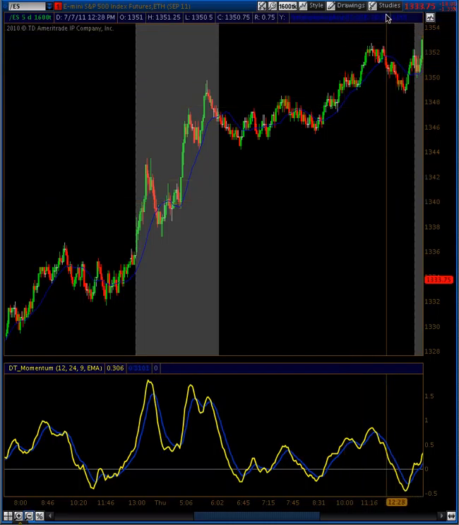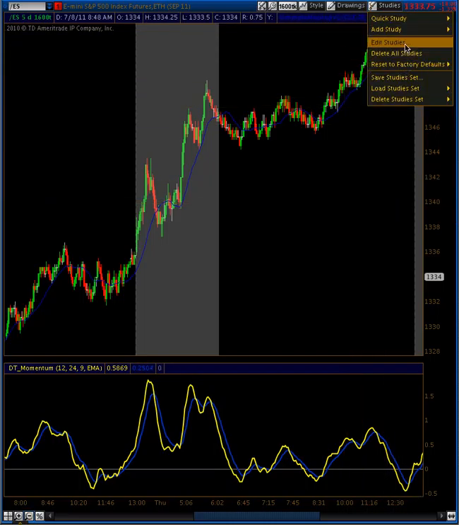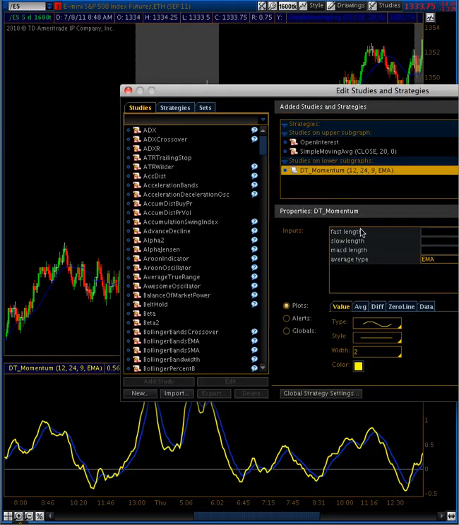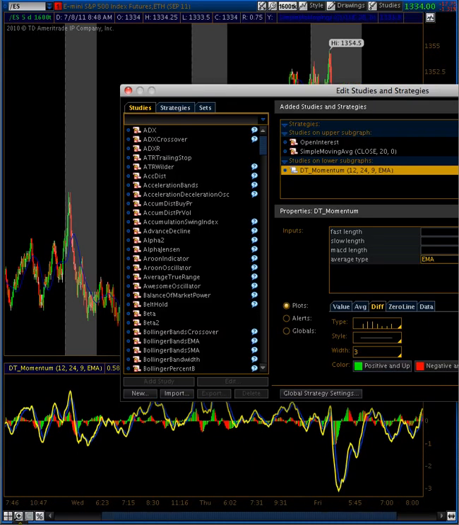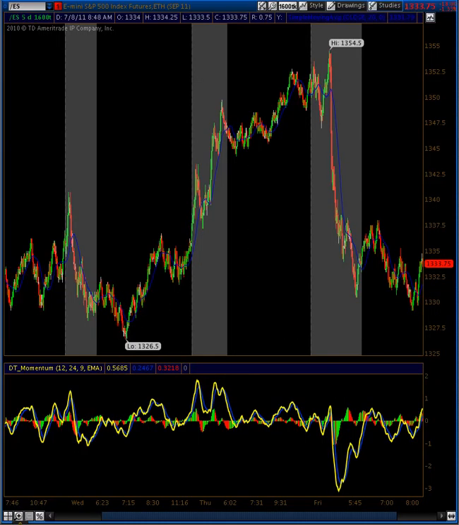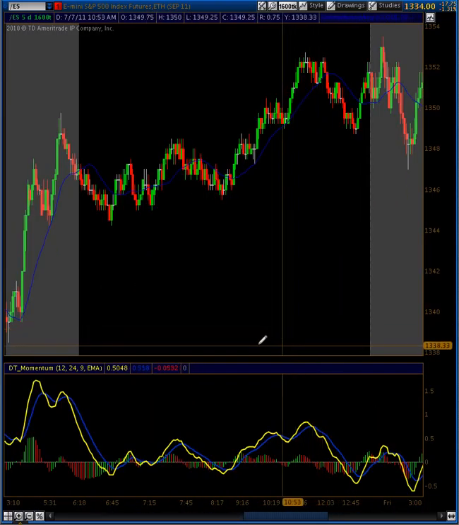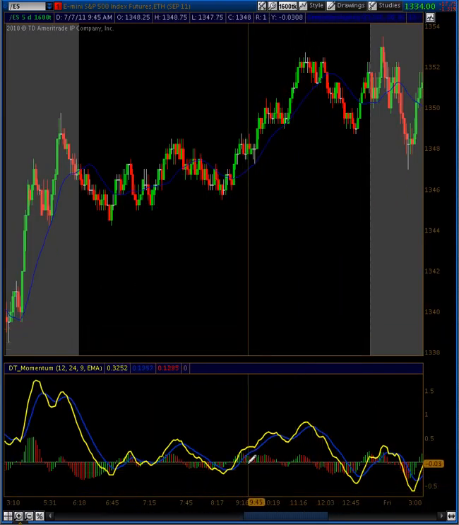Oh yeah, a lot of people like to use histograms on their indicators. Let's activate mine. Alright, now we've got a histogram on here. The histogram is basically the distance between the MACD and its signal line.